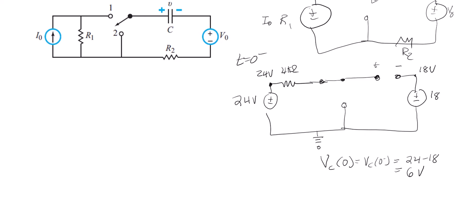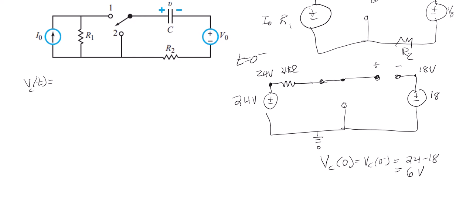Now, what I'm trying to get to when I have a transient circuit is that V of t, or VC of t. If this was an inductor, that would be IL of t.